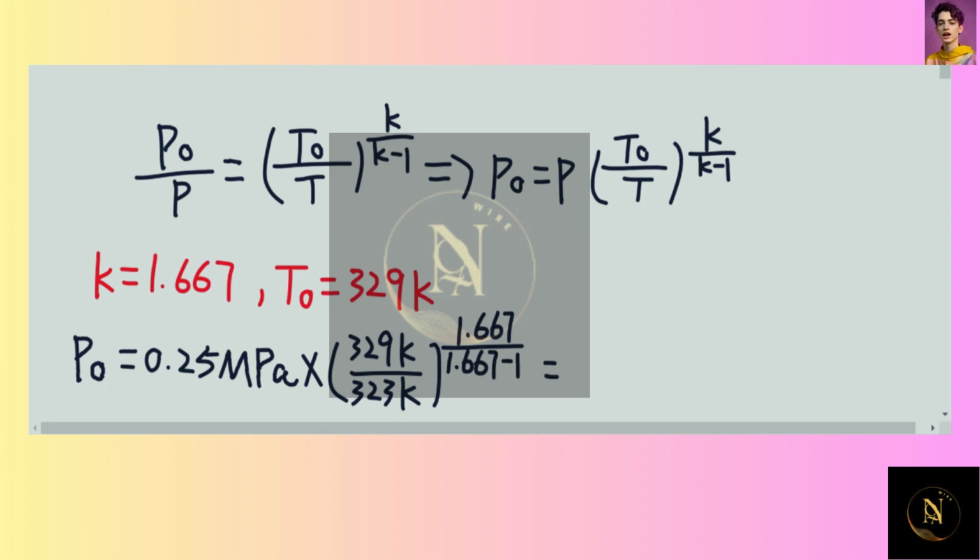And this will give us the stagnation pressure for helium in this case of about 0.262 megapascal, which is 262 kilopascal.